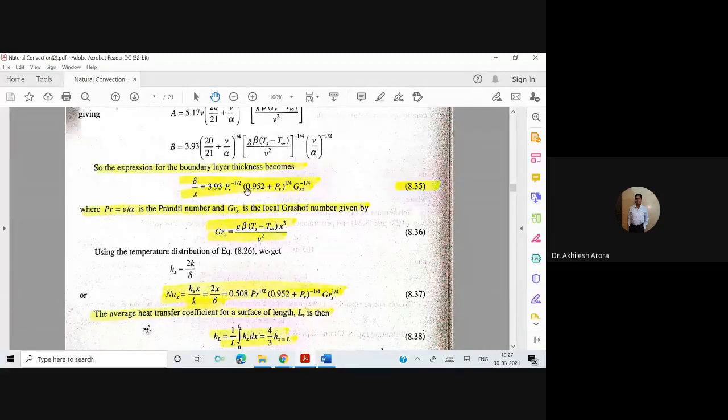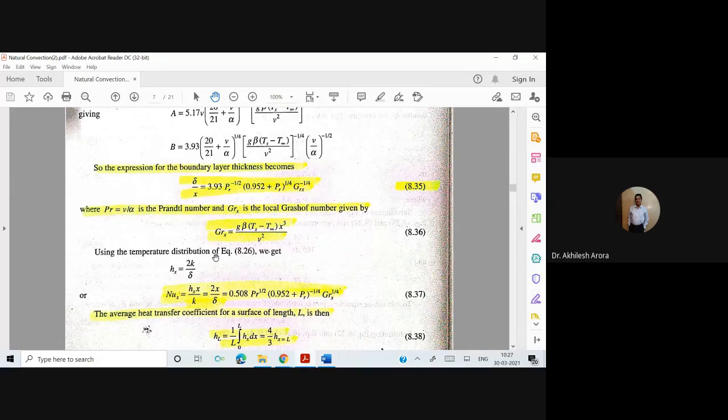One more thing: in this expression the Prandtl number is appearing. Though earlier we considered the Prandtl number equal to 1, here we are considering it. Let us see how they have utilized these equations later on.